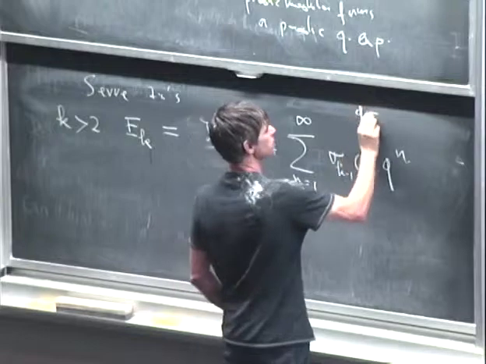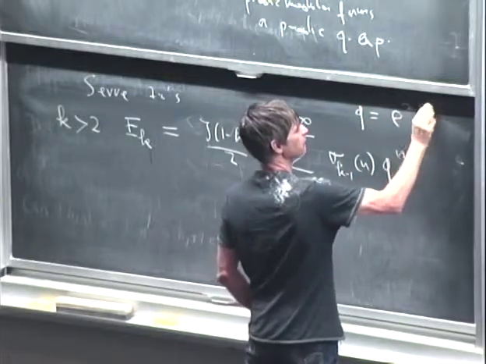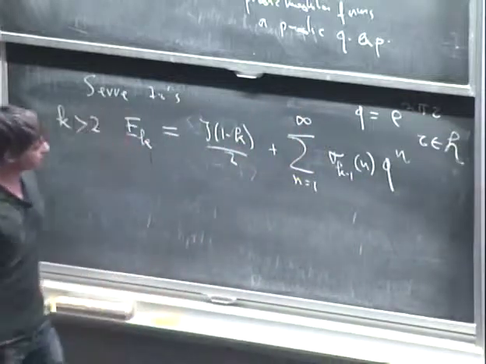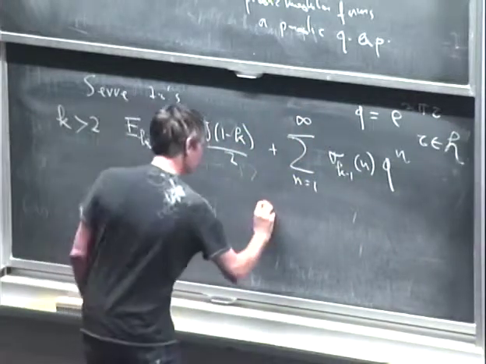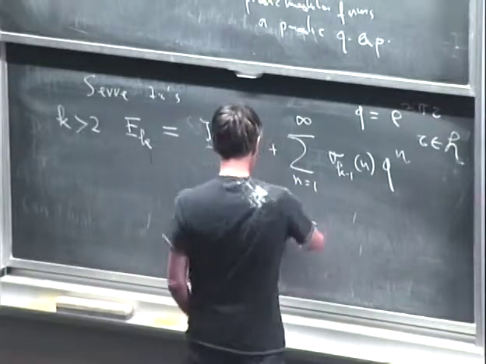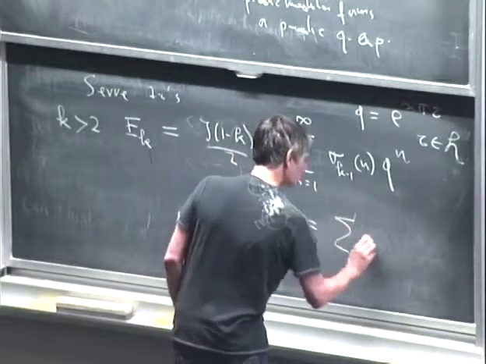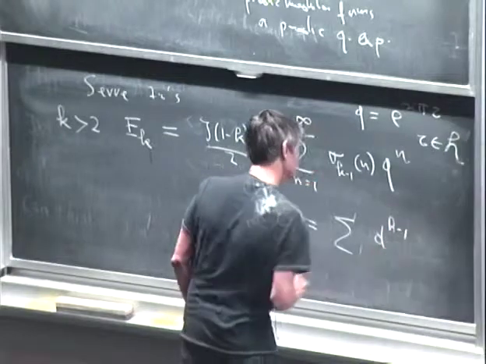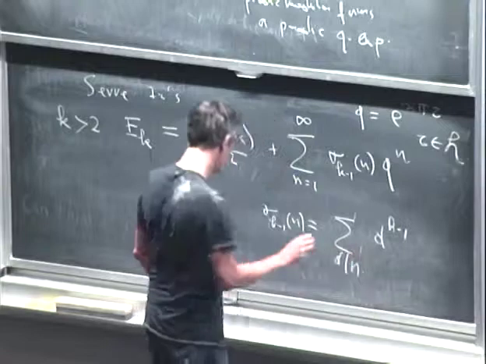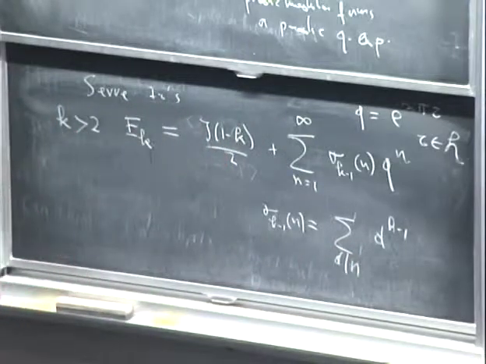Here Q is exponential of i pi tau, with tau in the Poincaré upper half plane. And here sigma k minus 1 of n is given by the sum of d to the power k minus 1, for d a divisor of n.